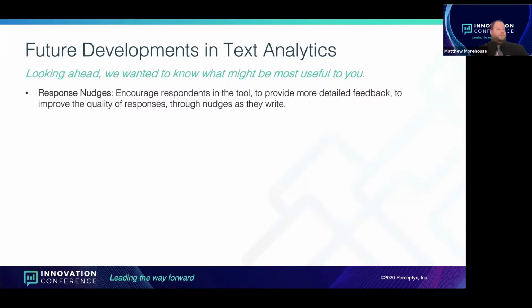While a lot of folks might try to write a one-sentence response because of time constraints, they might have a lot of detail that's being missed. So we encourage them to provide more feedback or elaborate more.